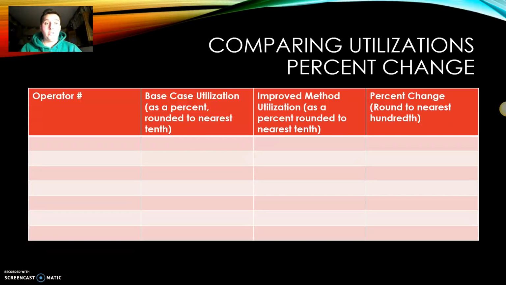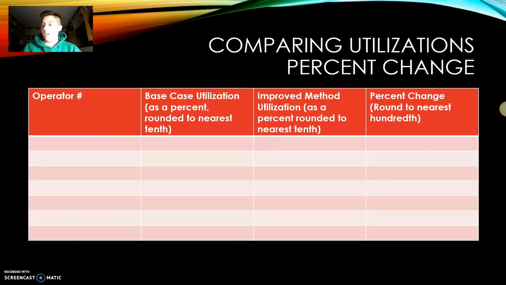It's a formula that we've been using, so you're going to utilize that formula with the initial base case and your group's improved process. And again, you're doing that for each operator on your line, so you may need to add more rows here as well.